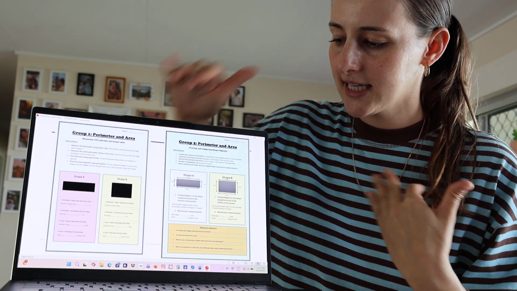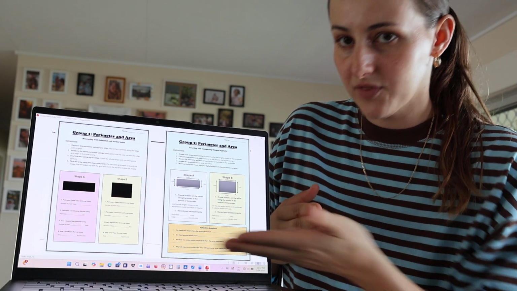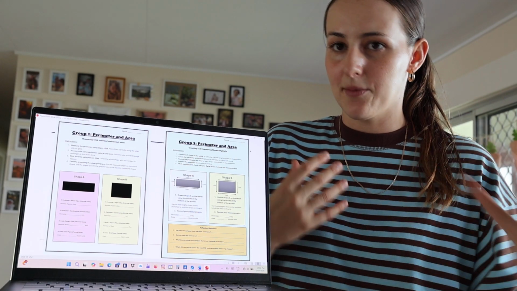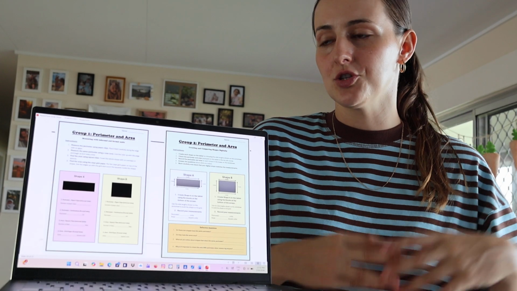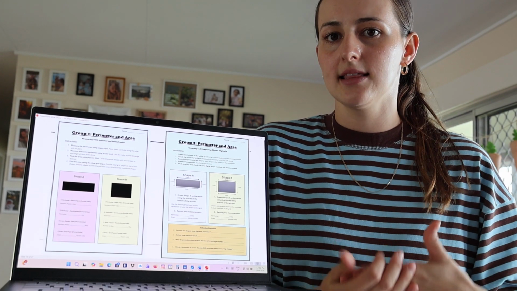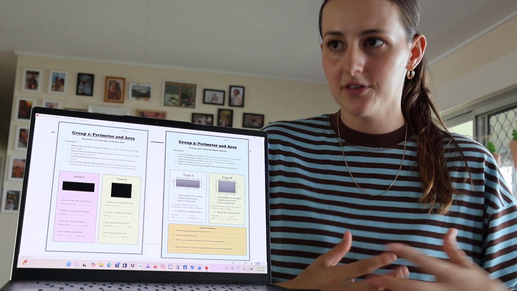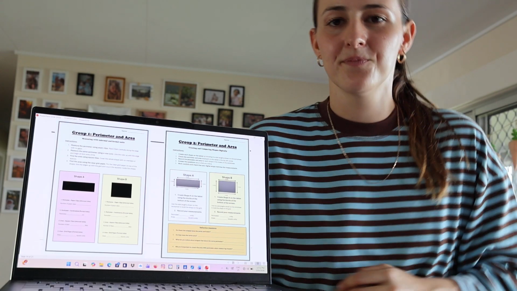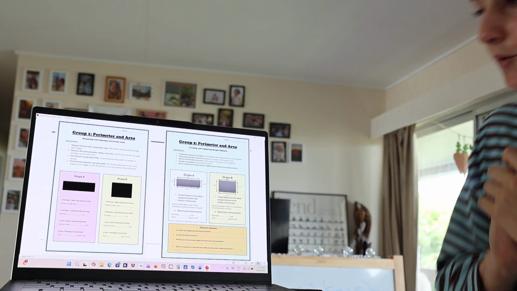So through creating these 2 different shapes, they will get to experience and see, and it will be revealed through the questions as well, that despite having the same perimeter, the area is not always the same, and that's why you cannot assume, and you must make sure you measure and calculate the perimeter and area accurately. You can't just assume.